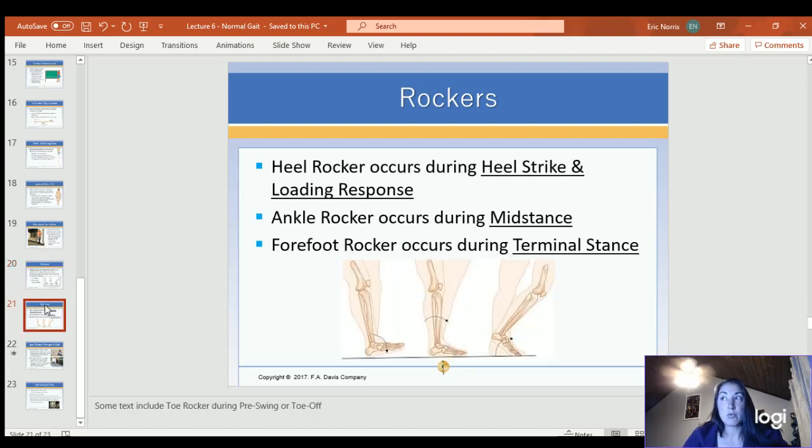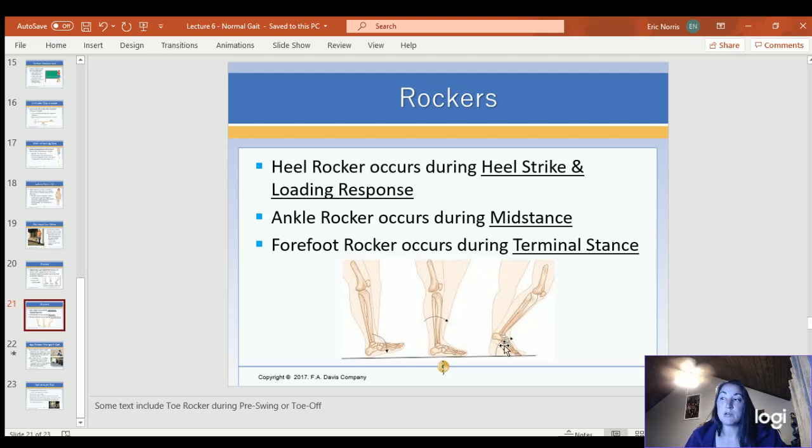So the heel rocker occurs during heel strike and during loading response. So once the foot hits the ground and as you're starting to progress the weight forward. Ankle rocker is during mid stance, so the foot's already on the ground and the rocking motion is just happening over the ankle. And then the forefoot rocker is in terminal stance.